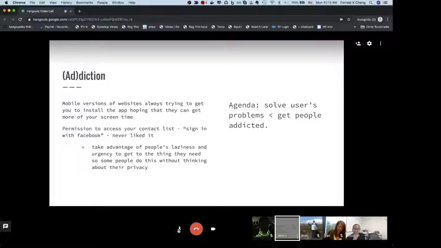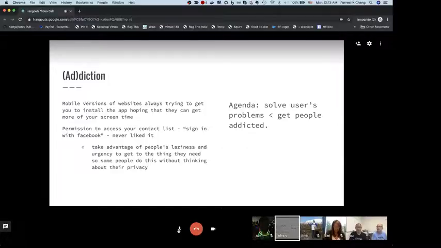Mobile versions of websites are always trying to get you to install the app, hoping that they can get more of your screen time. Whenever I click a Reddit link from Isaac, it tells me to install the app. This happens with any website. Permission to access your contact list. The whole sign-in with Facebook, I always tried not to use that, especially because I haven't used Facebook really since 2013.